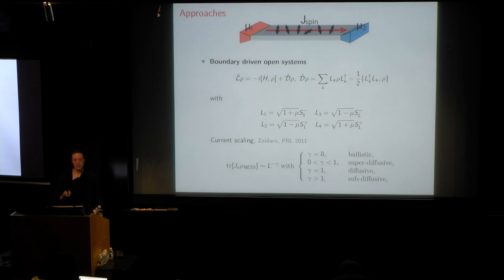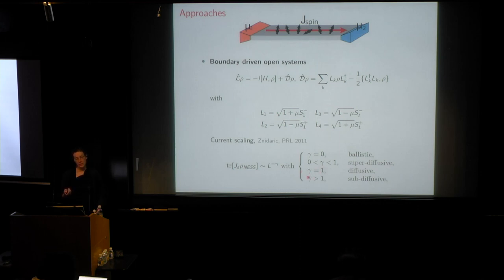Then we extract the signatures of different transport regimes from the current in this steady state, for example, from the scaling of the current with the system size. If the current is ballistic, then it should not scale with the system size, because it is ballistic, dissipationless.